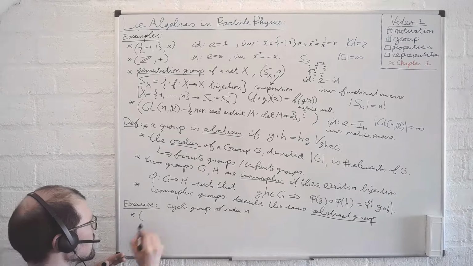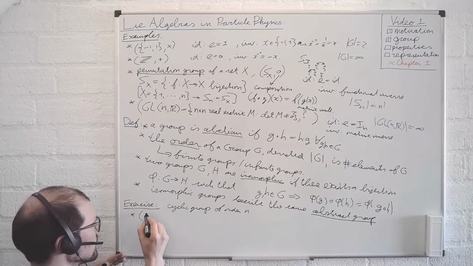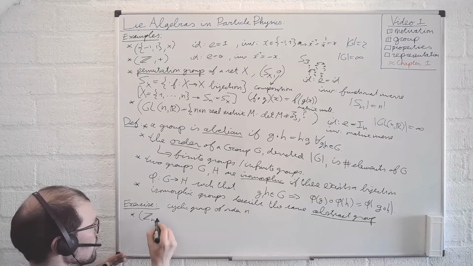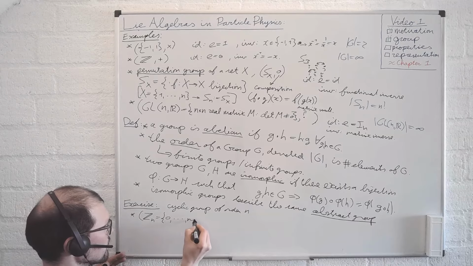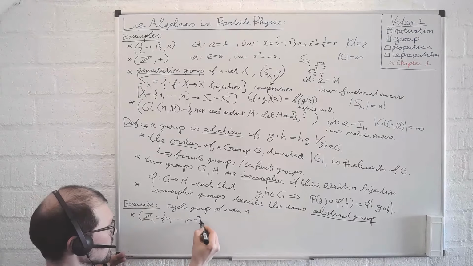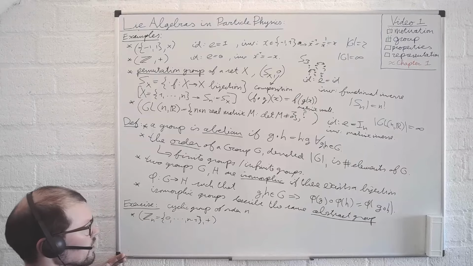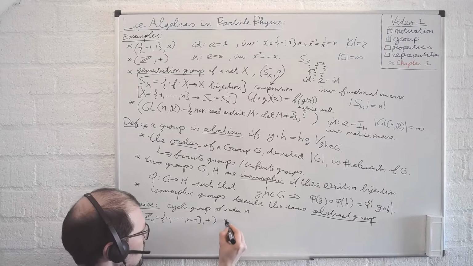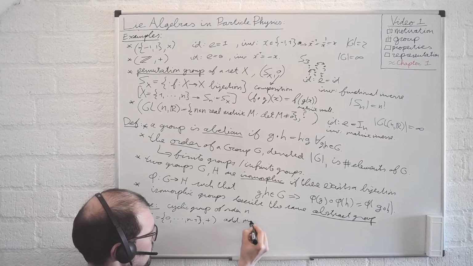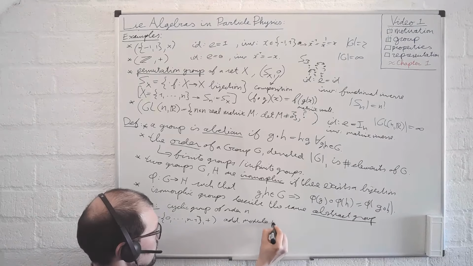The first one is saying that we're using Cn, which are the integers 0 up to n minus 1, with addition, where we view the addition as modulo n.